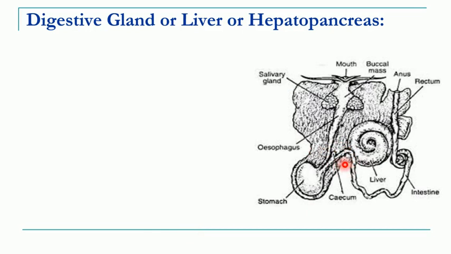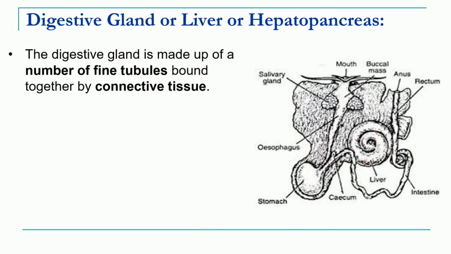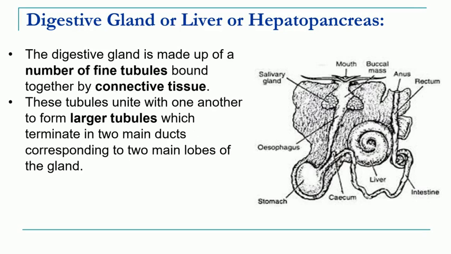In this diagram you can see this liver or digestive gland or hepatopancreas. This digestive gland is made up of a number of fine tubules which are bounded by connective tissue, and these finer tubules further unite to form larger tubules, which then terminate into the main ducts, so two ducts, and these ducts again combine together before reaching the stomach.